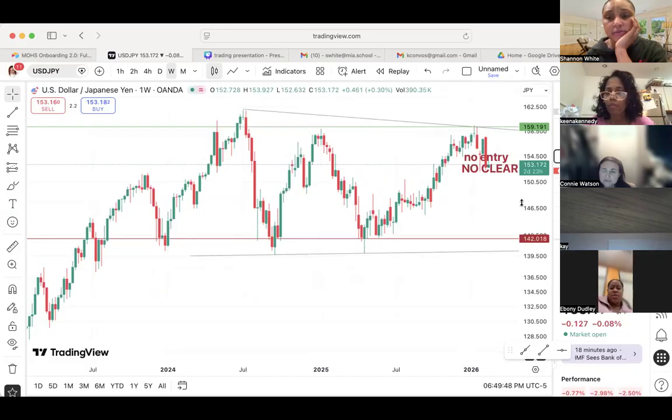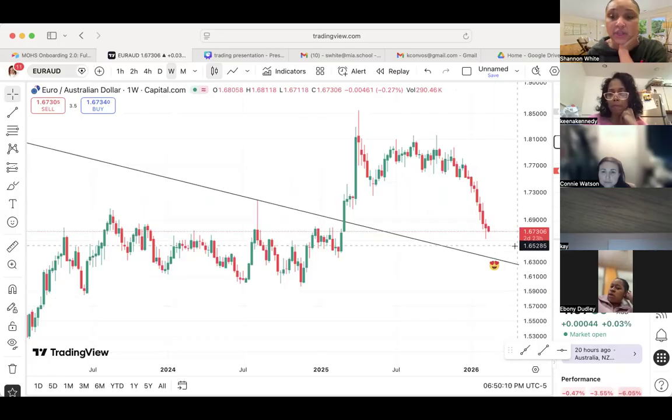What's the price? Give it to me in dollars and cents. $153 and about 16 cents. Absolutely. Somebody read me this pair. What's our price?